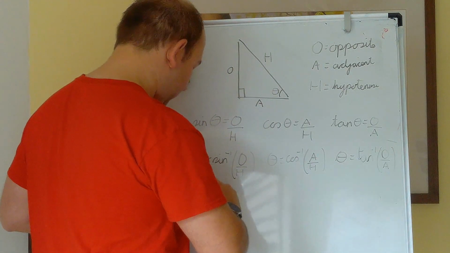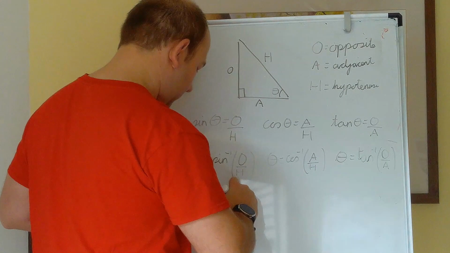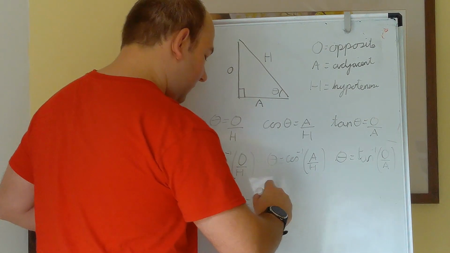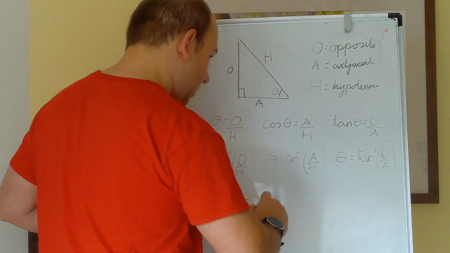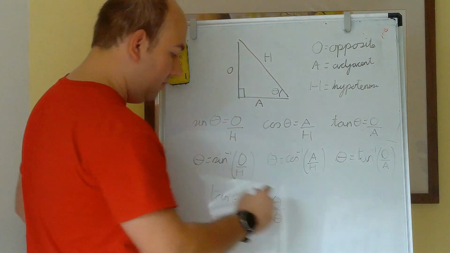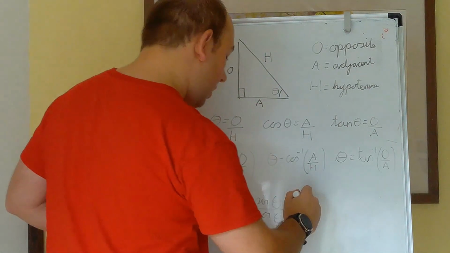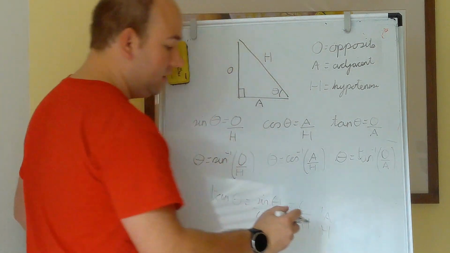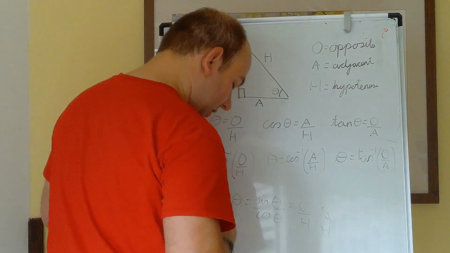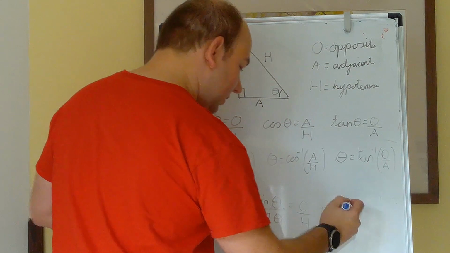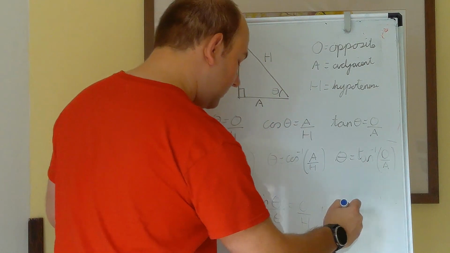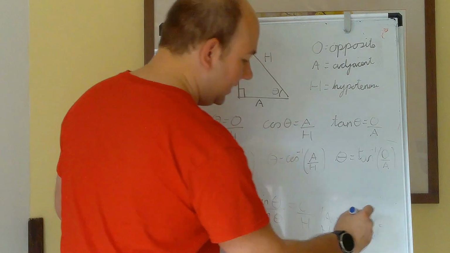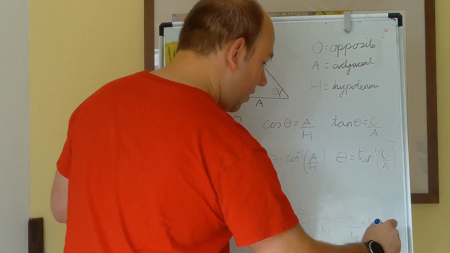If I draw it here, it is the same as doing sine theta over cosine theta, because this would be equal to O over H divided by A over H, which is the same as doing O over H multiplied by H over A, where these two H's cancel out, so that's O over A there.